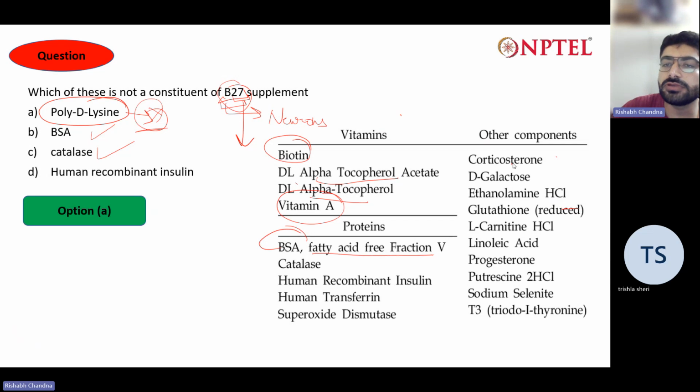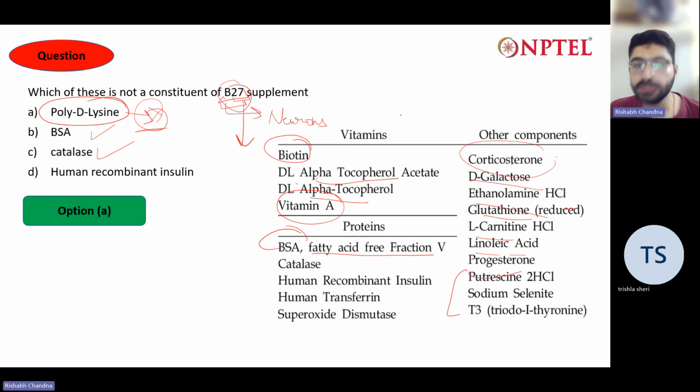For example, a hormone, cortisone, a sugar, galactose, ethanolamine, glutathione, carnitine, linoleic acid, progesterone, and so on and so forth. So we know these components are added to the B27 medium. That's why we know it's a defined system, and these components are useful in growing neurons in a cell culture scenario.